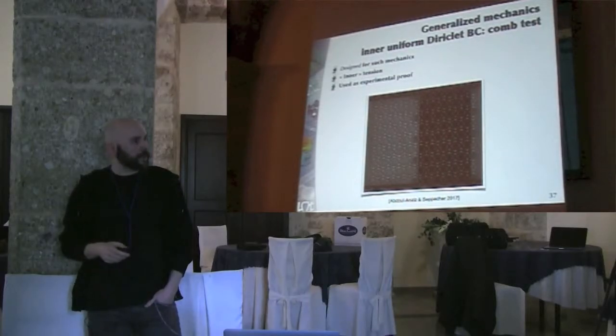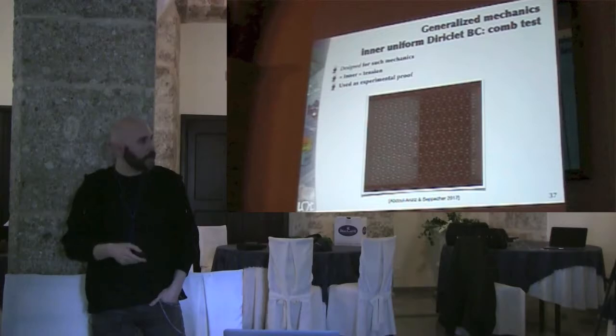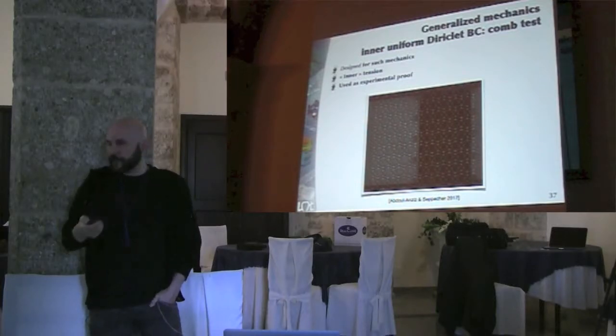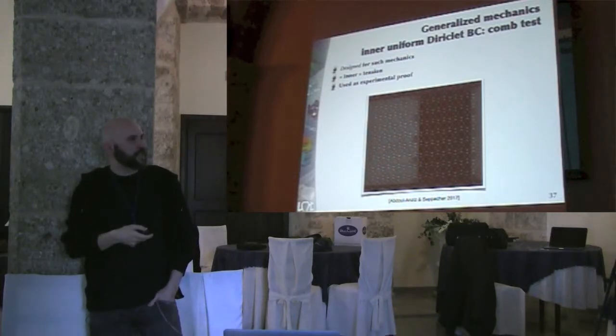And last and not least, because I think it's in the spirit of what I wanted to say, this test, well, the authors say it's a failure, but the idea is beautiful. I know there's a name they decided for that, but I call it a comb test.